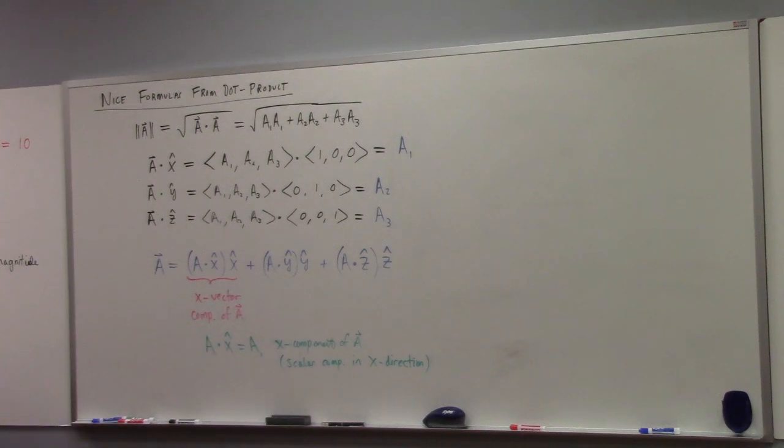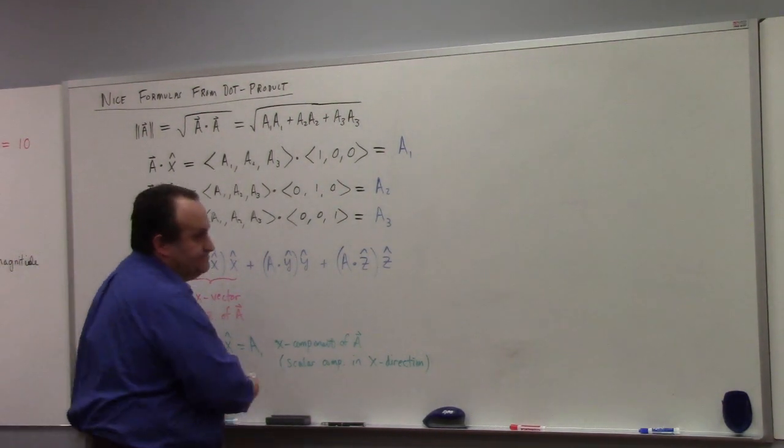So any vector in 3 dimensions can be built from the piece of the vector that points in the x direction, the piece that goes in the y direction, the piece that goes in the z direction. I drew a picture last class that showed you how this works tip to tail, right? So I'll draw that picture again.